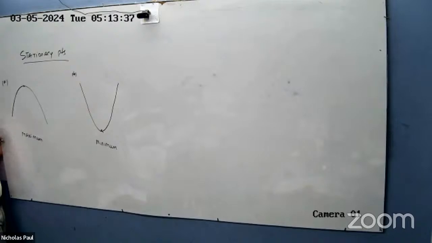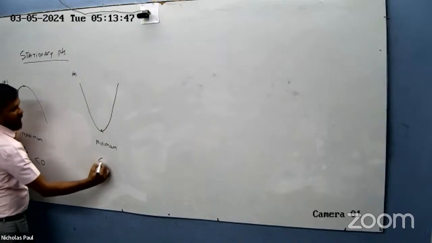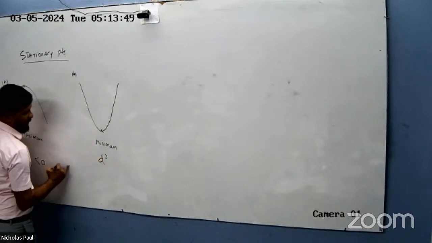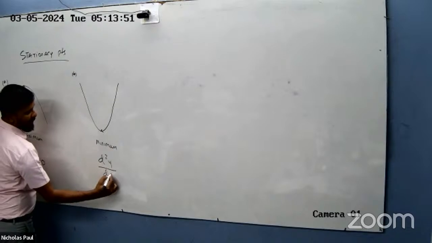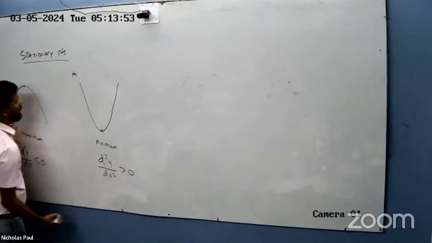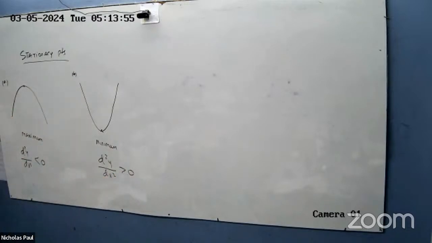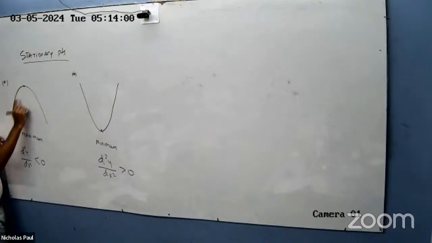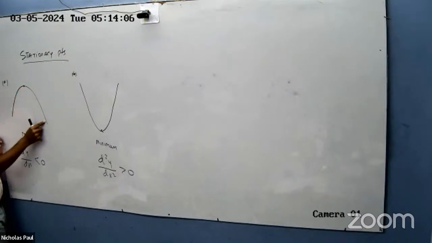For a maximum, we know d2y/dx squared is less than 0. For a minimum, this occurs when d2y/dx squared is more than 0. But we could also use a first derivative test. From here to the stationary point, is this function increasing or decreasing?